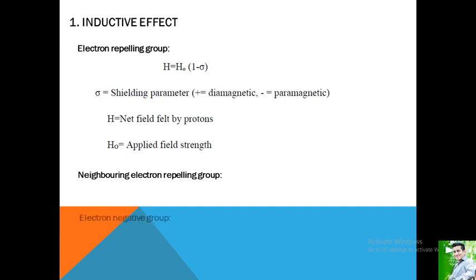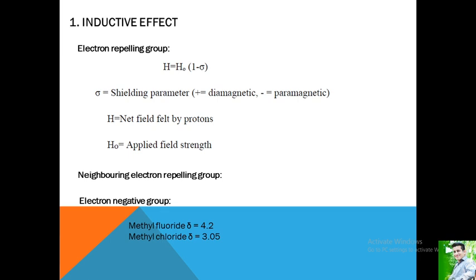The next point is the electronegative group. A neighboring electronegative group reduces the electron density around the proton and it produces deshielding, and the delta value increases. We take the example of methyl fluoride and methyl chloride.